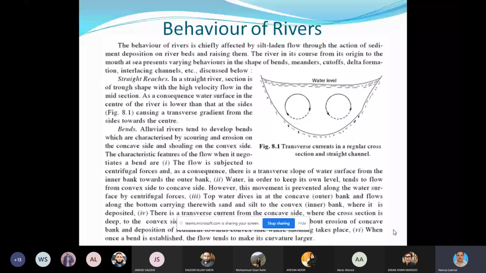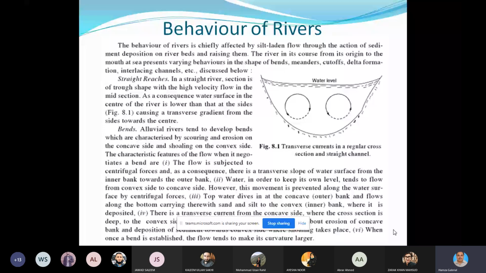If you see the velocity distribution curve, the highest velocity is in the middle. As a consequence, you will see that the middle portion seems depressed, or lower, as compared to the sides.